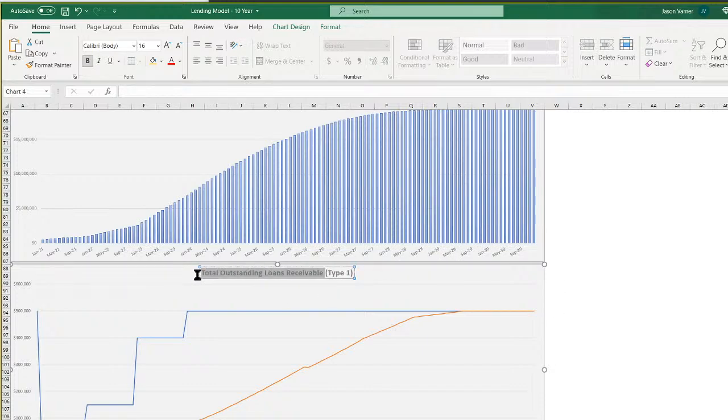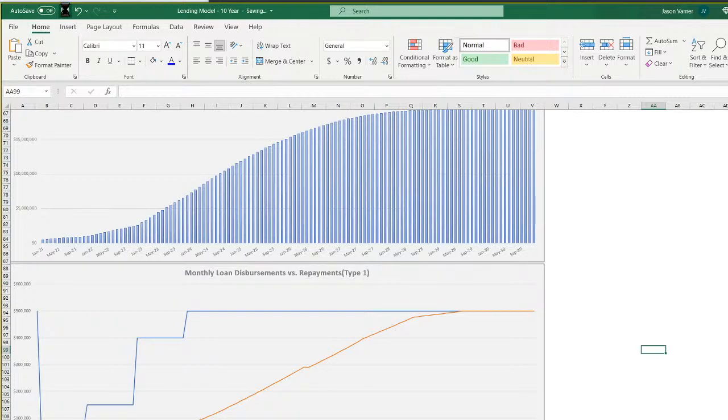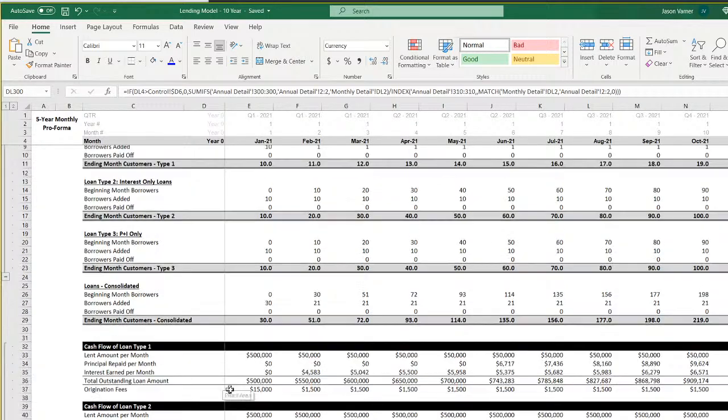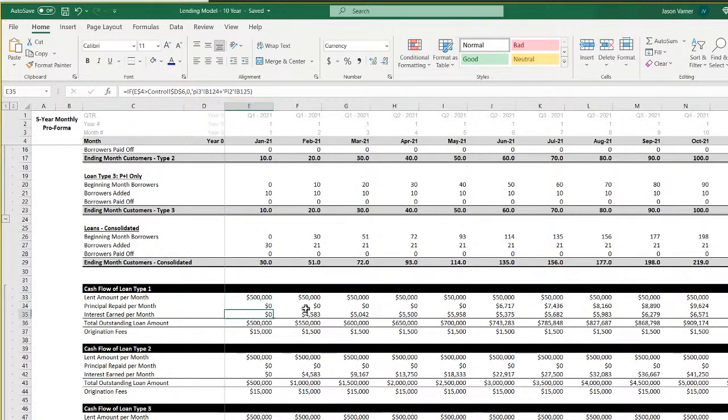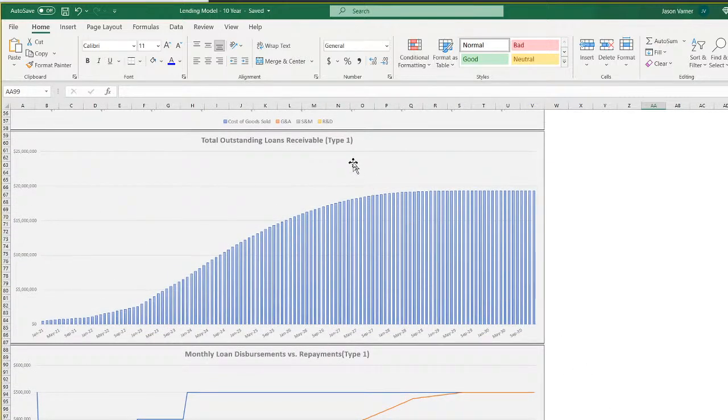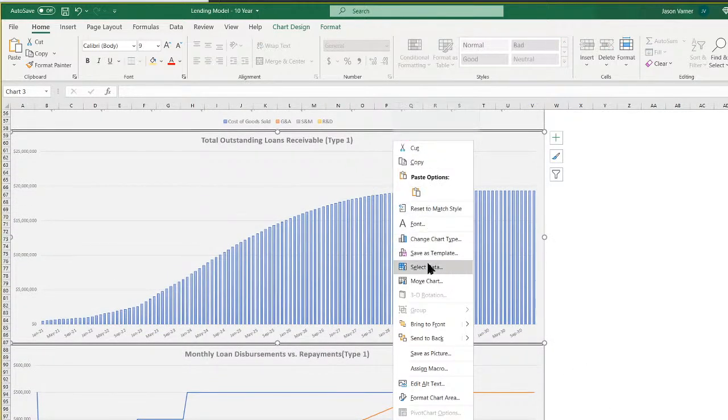So for type 1, this is saying monthly loan disbursements versus repayments. And then is there like a net? What else could be good here? Lent amount, principal, outstanding, we get that. I guess it might be cool to overlay the interest earned onto one of these, based on outstanding loans. Maybe let's do it to this one.